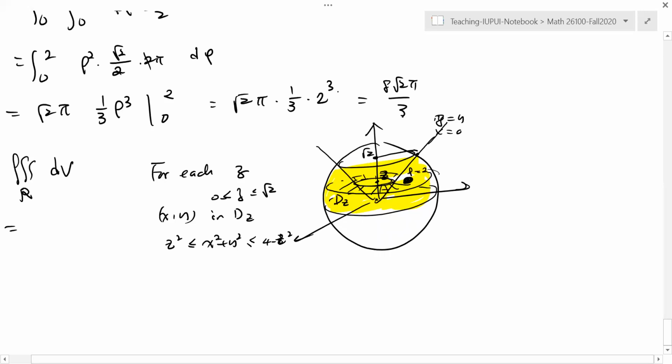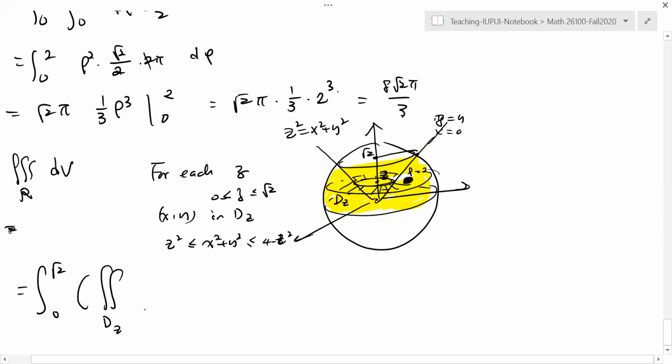But it should also be outside the cone, that's why it should be greater than z squared, because the equation for the cone is z squared equals x squared plus y squared. For fixed z, it is the radius of the smaller circle inside. So that's why you have this inequality. But that's good, right? So now you have a triple iterated integral. First of all, z is from 0 to square root 2.